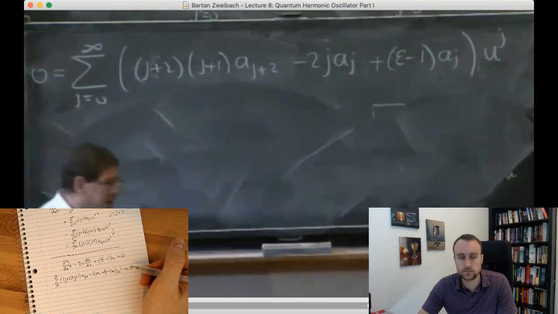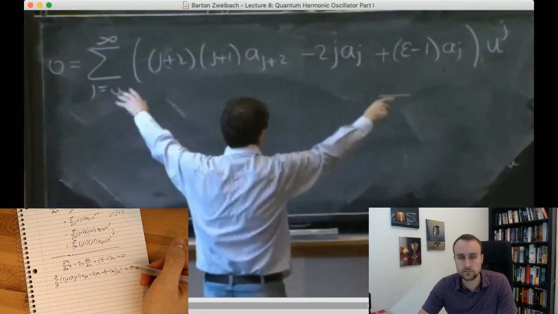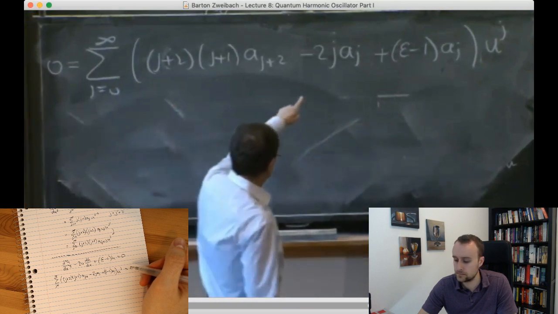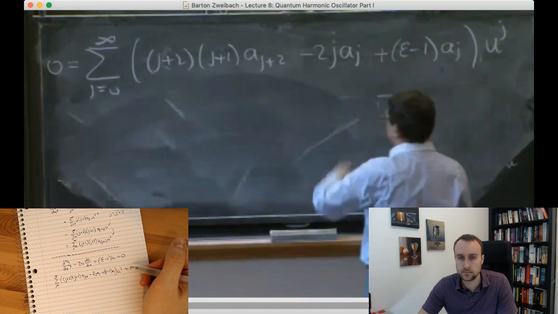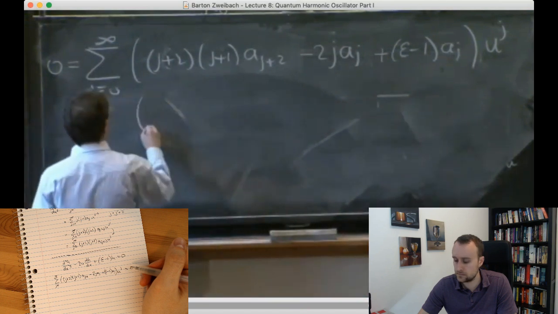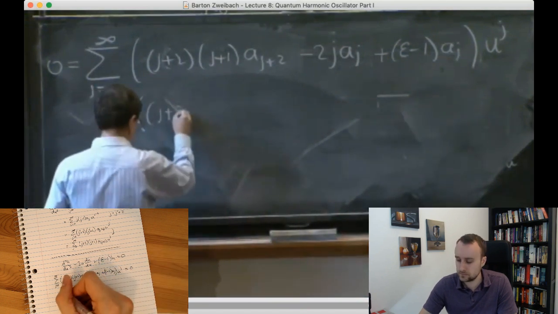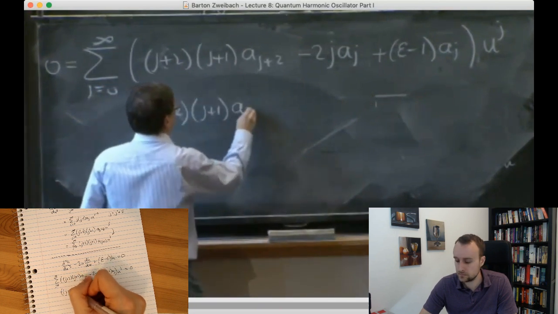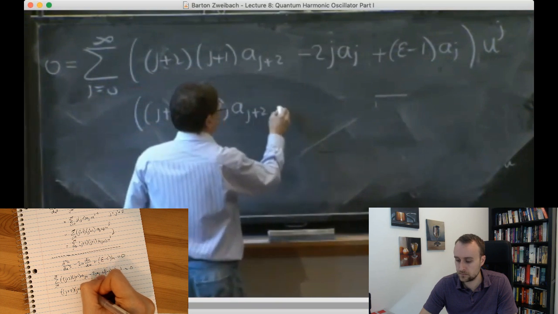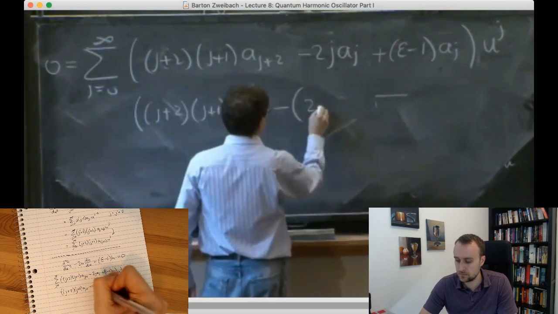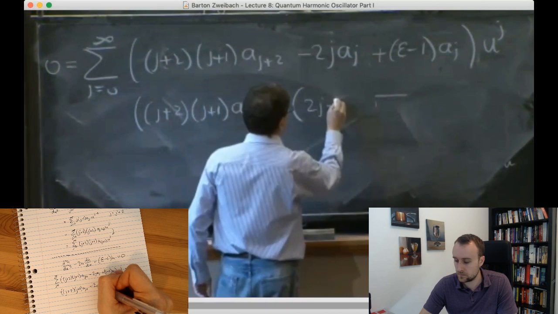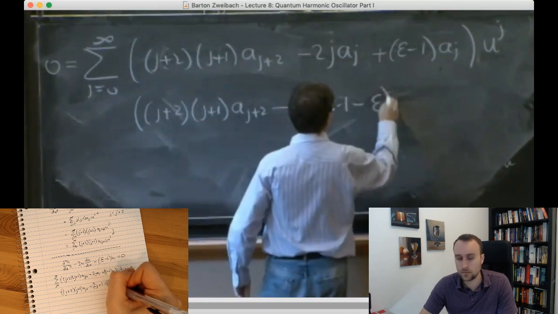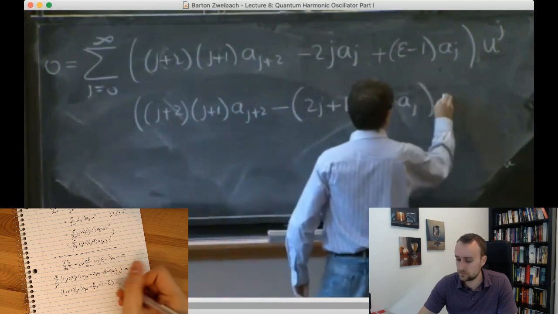So what you learn is that this coefficient must be 0 for every value of j. Now here is a_j and a_j, so it's actually one single thing. Let me write it here: j plus 2 times j plus 1, a_(j plus 2) minus 2j plus 1 minus e, a_j, u^j.